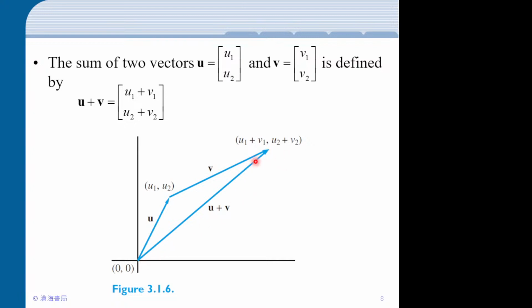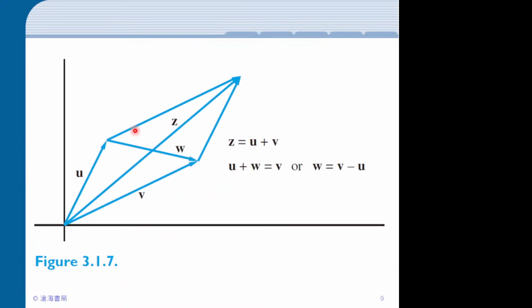So this is u plus v, with coordinates u1 plus v1 and u2 plus v2. We can draw those diagrams and see geometrically that u plus v should be equal to v plus u.